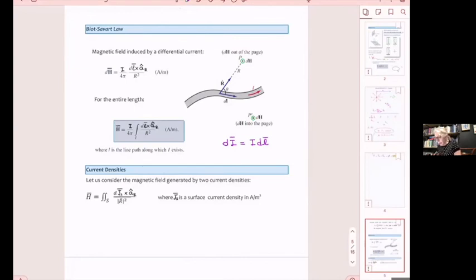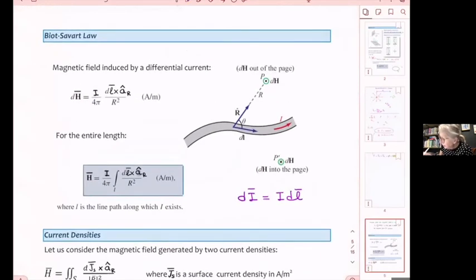So then we get an expression for a differential magnetic field that is due to the differential current. The first way that I would write it, dH is nothing else but di cross a sub r over 4 pi r squared. That's how I would write it, okay?